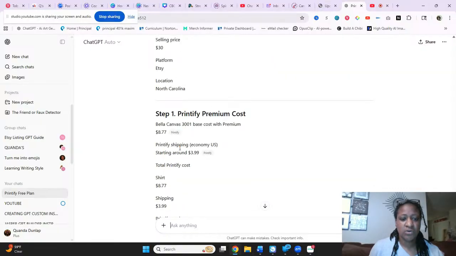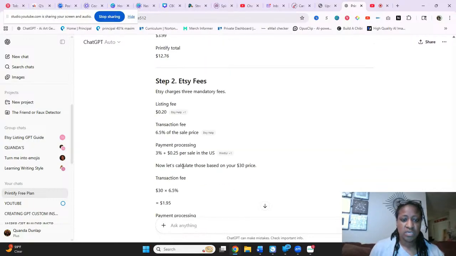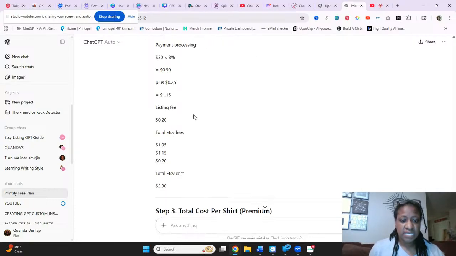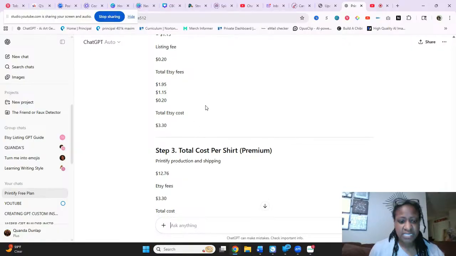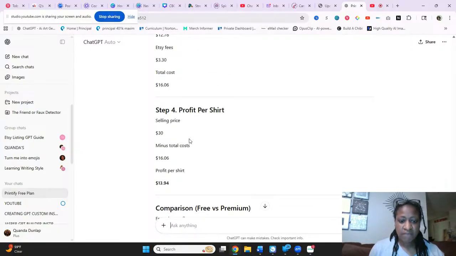Okay, so y'all, I don't want to think at all. So it says Printify cost, shipping costs, Printify total minus the fees, or add in the fees, and then the total cost per shirt, profit per shirt.